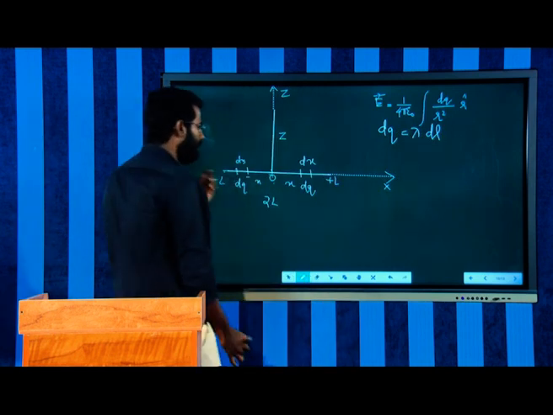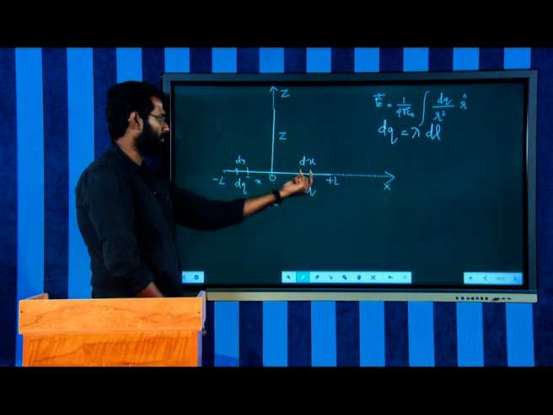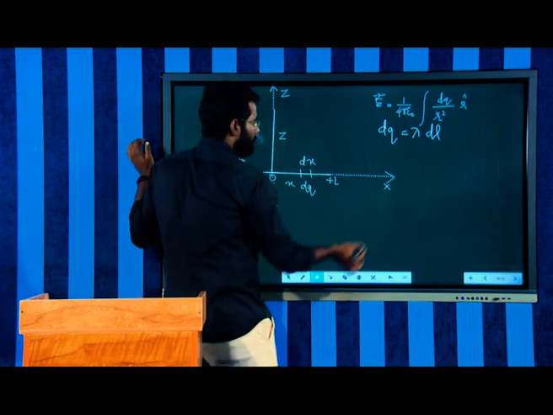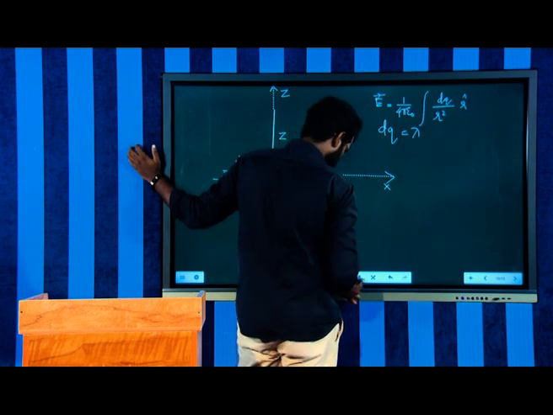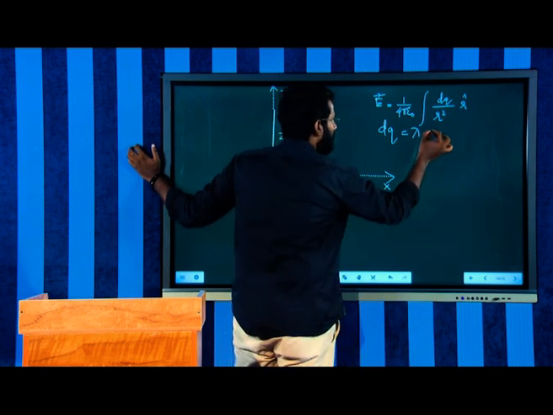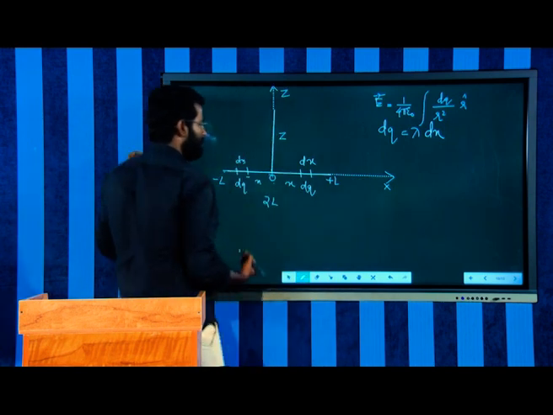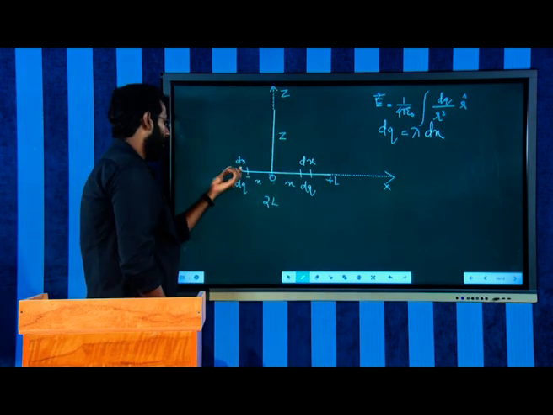Here the length is not dl, we took it as dx. So, we substitute that, and dq is lambda dx. Lambda dx is the charge inside this dx, and here also.